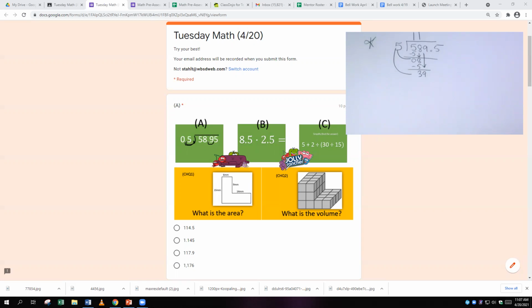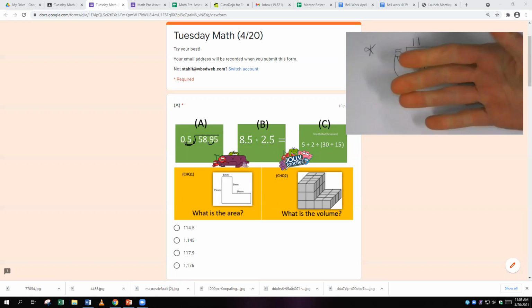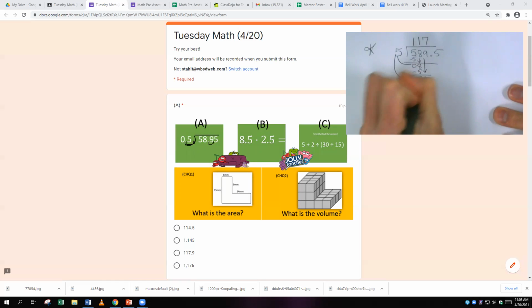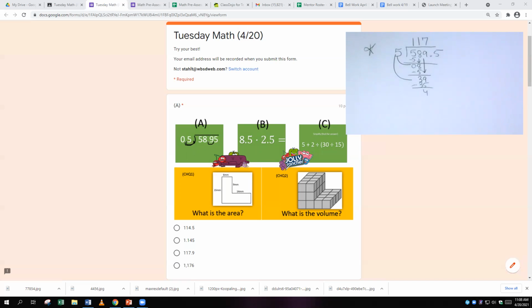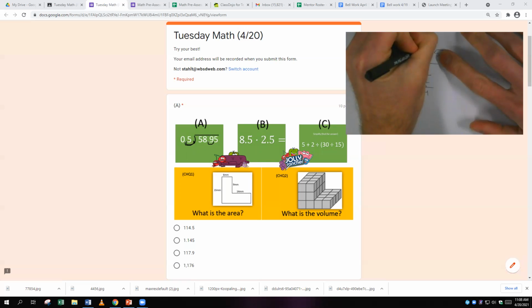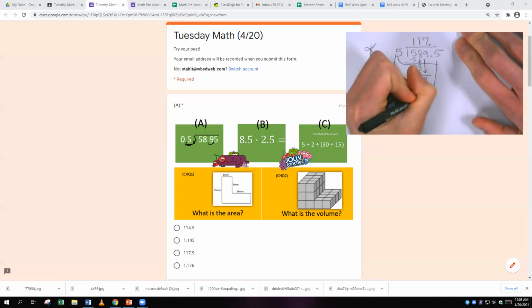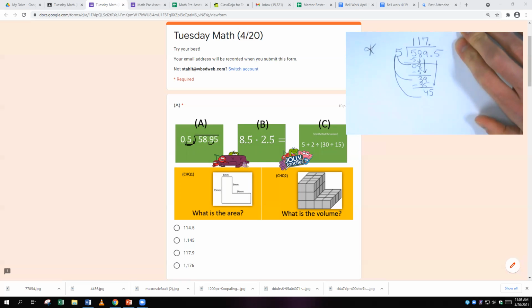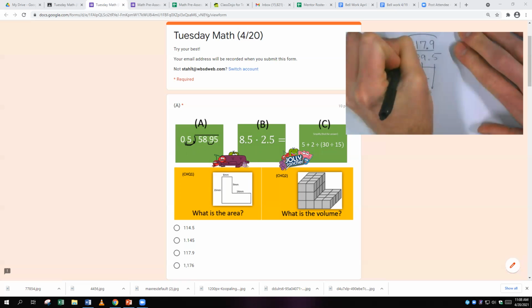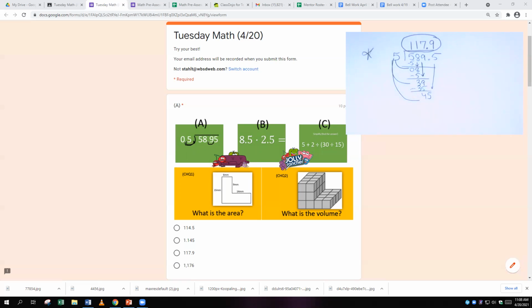How many 5s go into 39? Well, 5, 10, 15, 20, 25, 30, 35, 7. What's left over? 4 is left over. We have a decimal, so the decimal has to float up first. Now I can bring down the 5. How many 5s go into 45? 9. So your answer is 117.9.